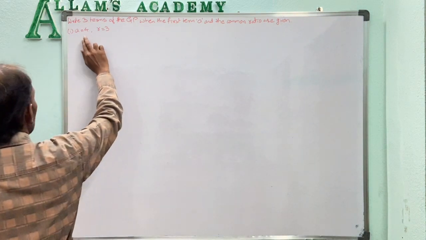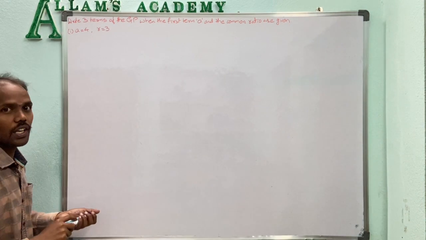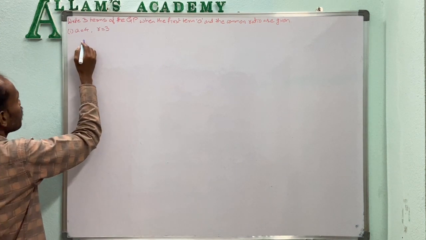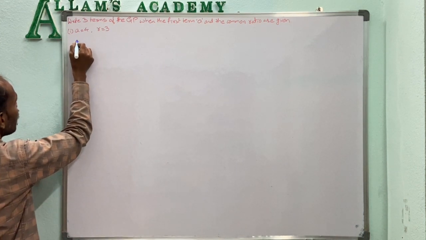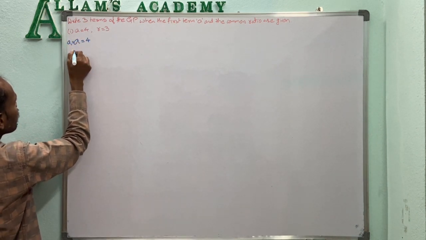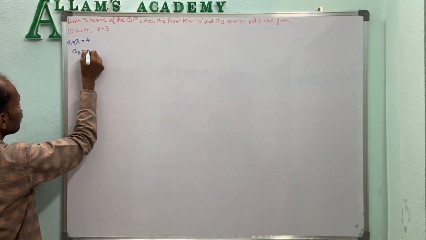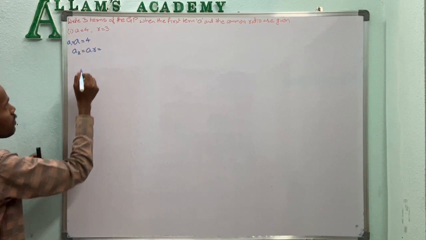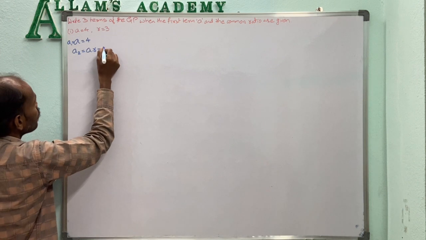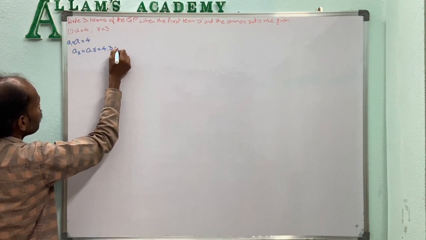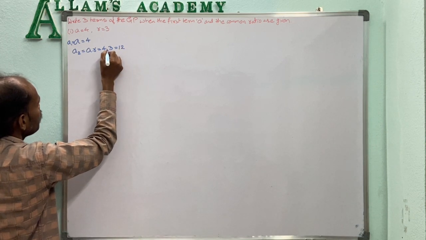Here the first term a equals 4 and the common ratio r equals 3. So the first term a equals 4, then the second term a2 is a into r, that is first term into r, 4 into 3, which is 12.